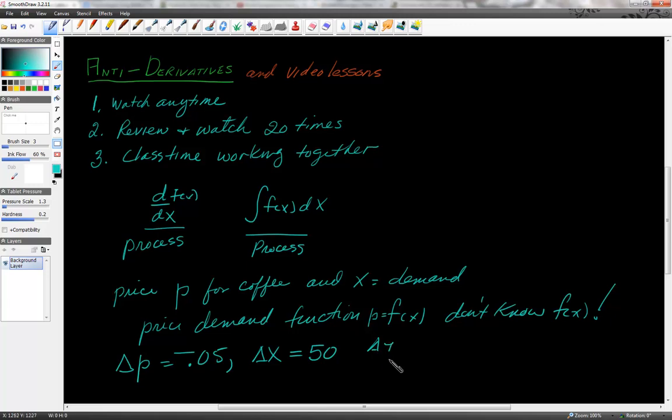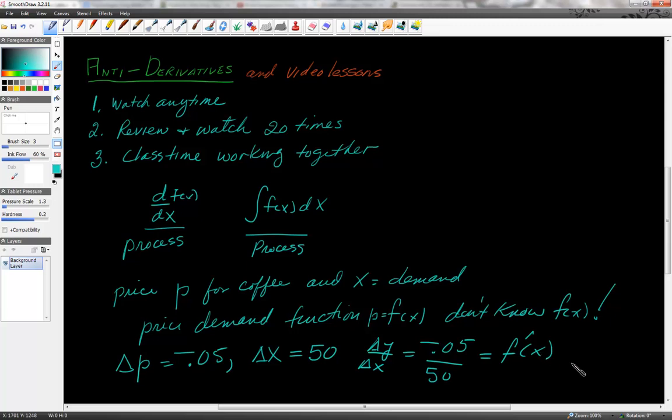What actually this tells us is that delta y over delta x is equal to negative 0.05 over 50, and that's really the derivative of the price demand function f.